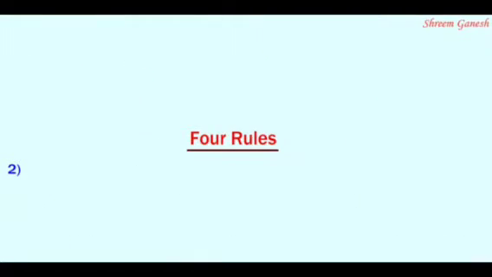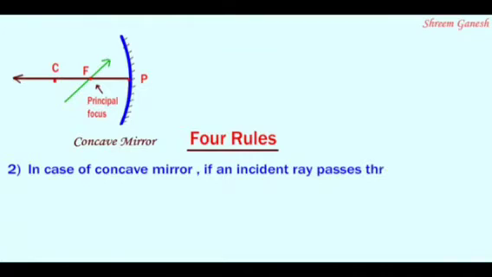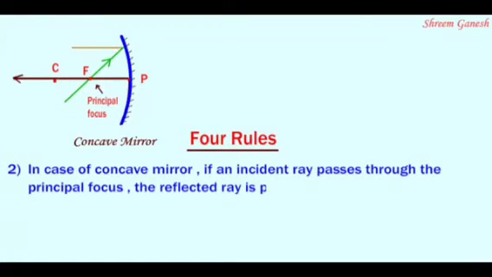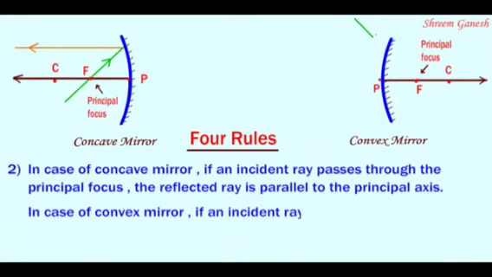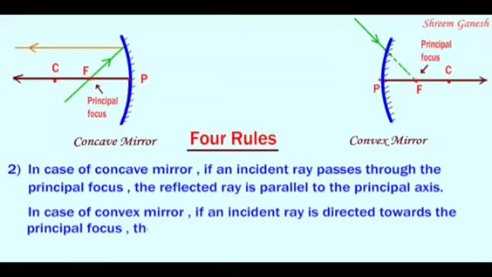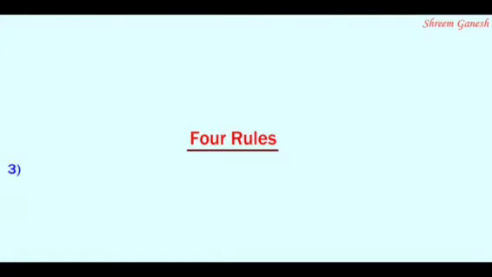Rule number 2. In case of concave mirror, if an incident ray passes through the principal focus, the reflected ray is parallel to the principal axis. In case of convex mirror, if an incident ray is directed toward the principal focus, the reflected ray is parallel to the principal axis.